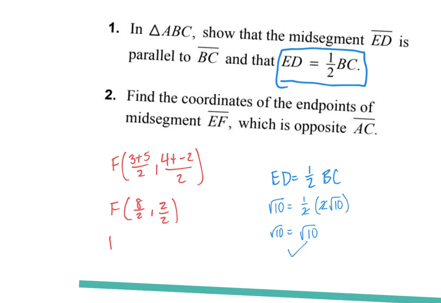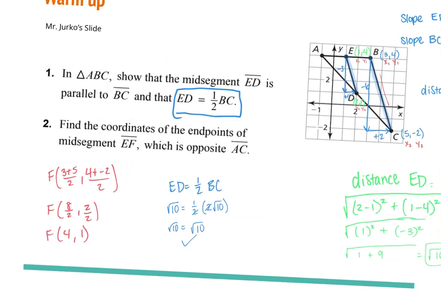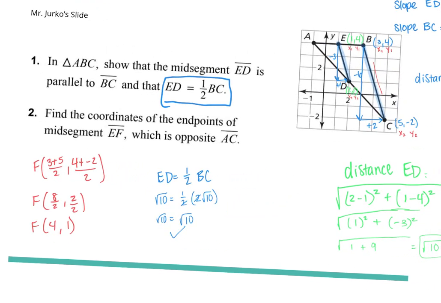And this will give us 4 comma 1. When we put that in there, it should line up with the midpoint of the side. And that looks about to be the midpoint, right? And we label that point F.